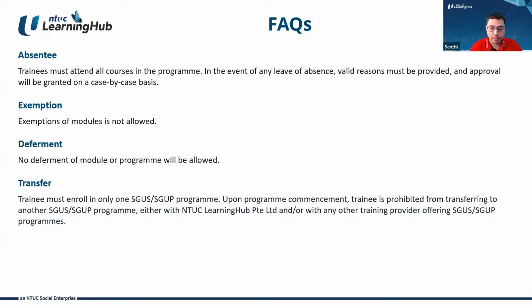What I'm sharing with you now is that once you accept our offer and join this program, midway you cannot request a transfer to another program, be it a program offered by Learning Hub or by other providers of SGUS or SGUP. This is another condition to take note of.